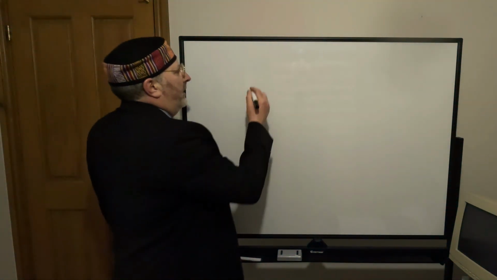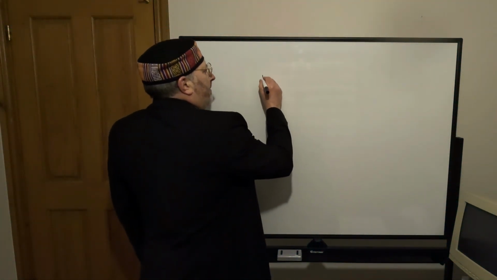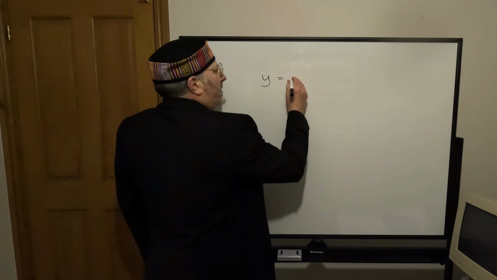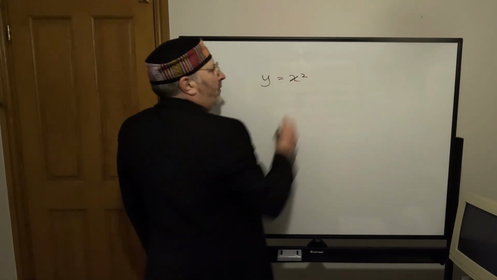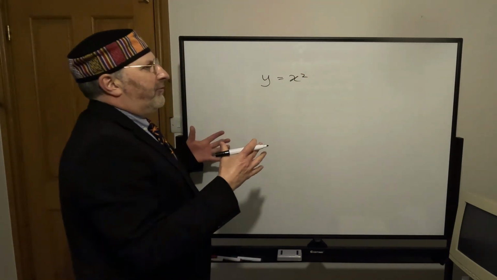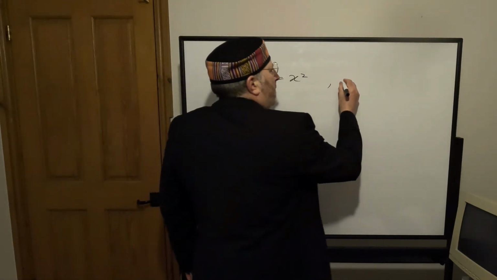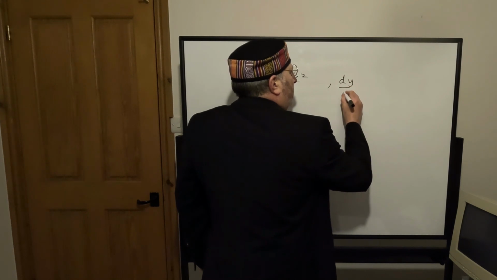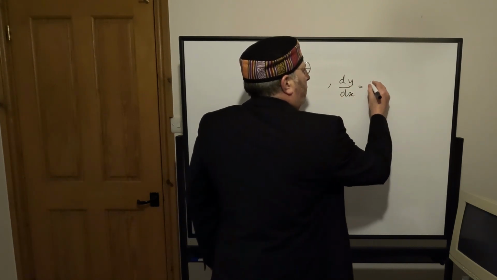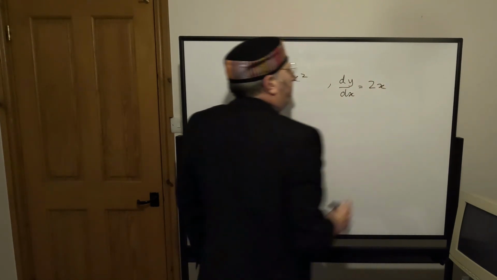And now I'll put it in a more abstract way. We can say, suppose y equals x squared, so we'll use more abstract variables of just y and x, which could be any variables. Then dy by dx equals 2x.